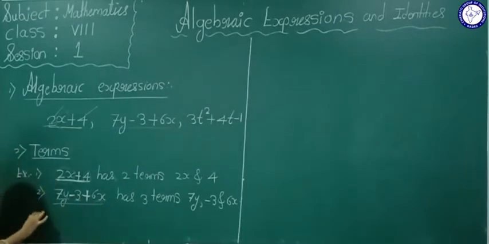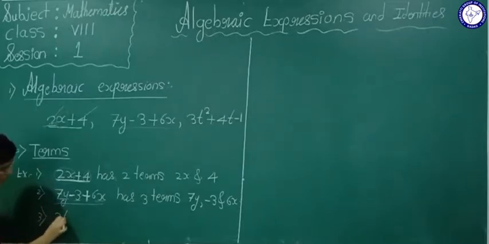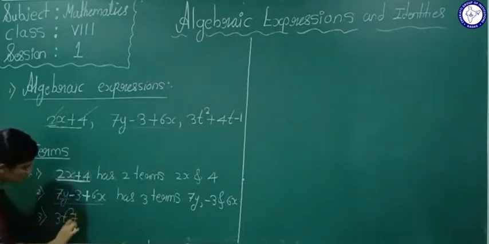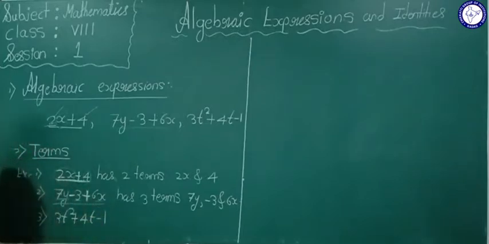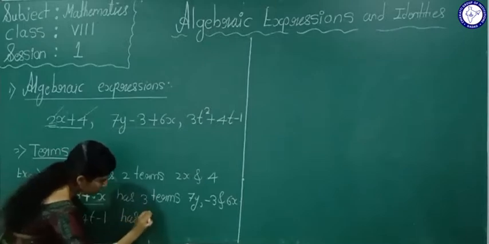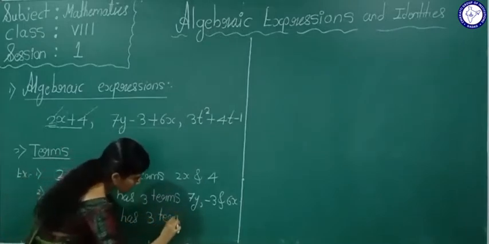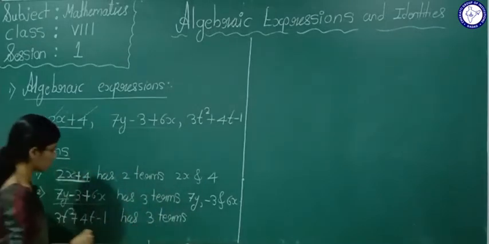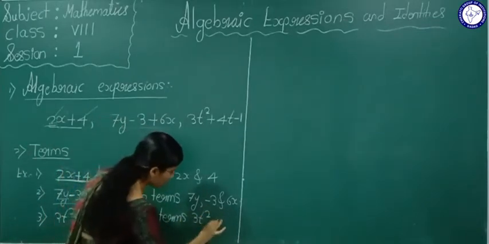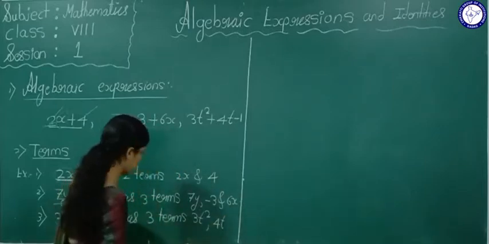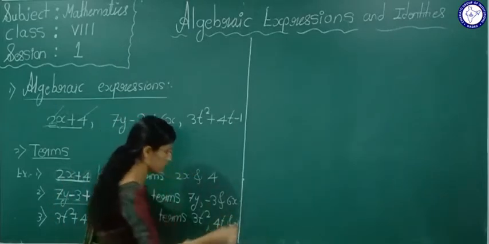Now see one more example you take. 3t square plus 4t minus 1. This is also an algebraic expression, right? How many terms does this algebraic expression have? 1, 2, 3. It has 3 terms. Which are those? 3t square, 4t and minus 1.